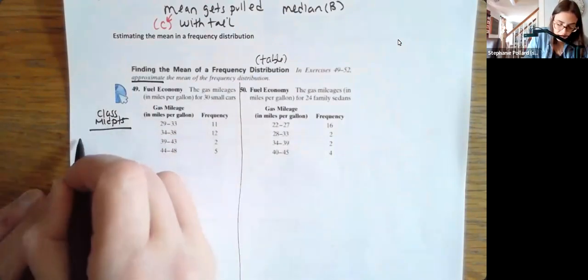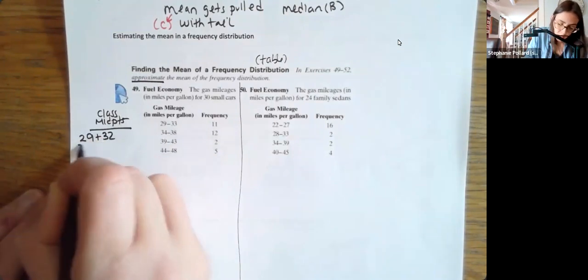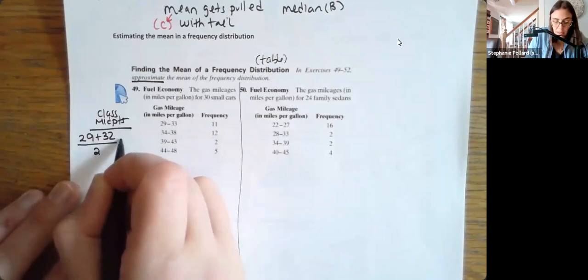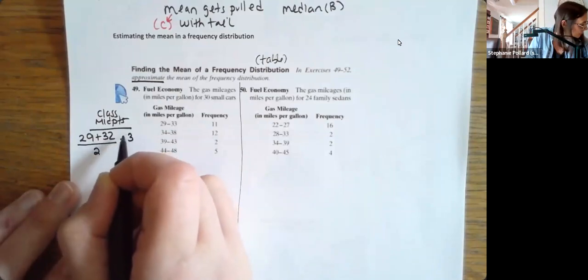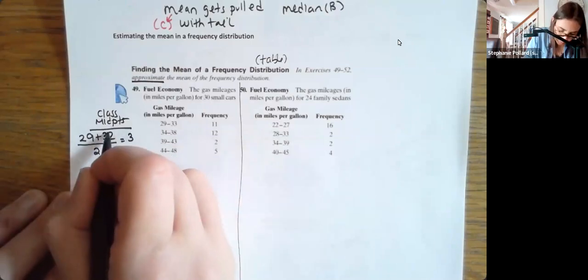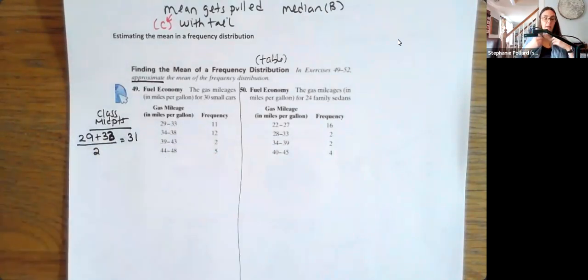And don't forget, to find the class midpoint, you would take the lower and the upper values, so 29 and 33 here, we would add them first and divide by 2. And when you do that, sorry, this should say 33. I knew I had something written on there. That's a 33, not a 32. Excuse me, and when you add them together and you divide by 2, you get 31.